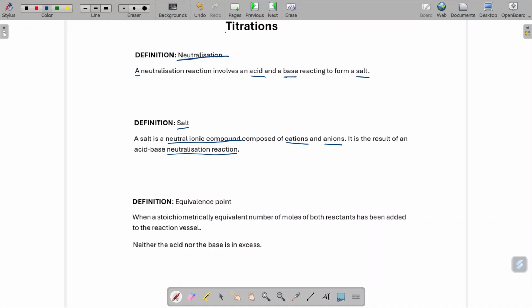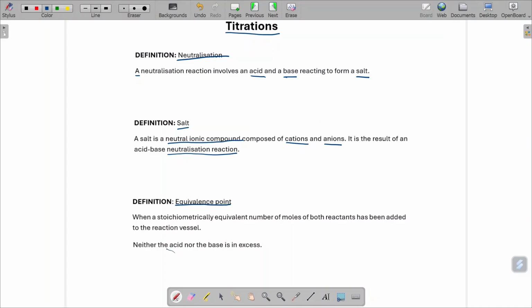Now, for the importance of a titration, we need to understand the concept of an equivalence point. So if we add the acid and the base together to form a salt plus water, if we have an excess, let's say, of the base, it means that in our solution at the end, we will not only have a salt and water, but we will also have some base.